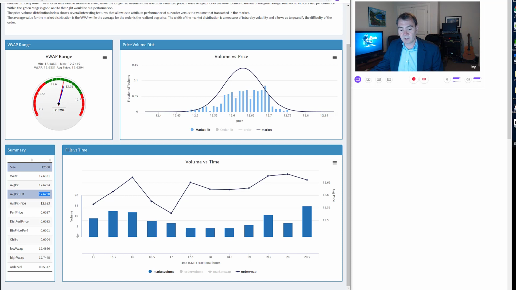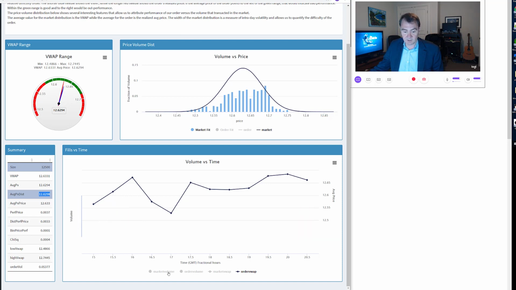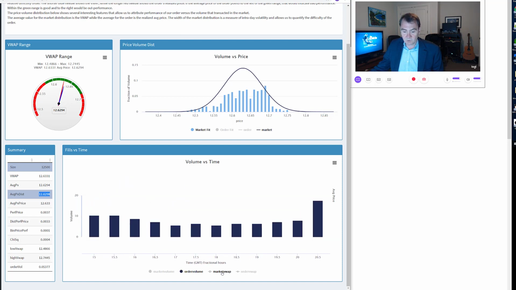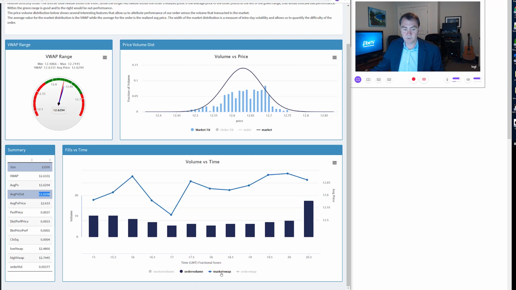Okay, we can come at it another way and say, we like the order volume profile that we got, but what if within each of the bins we match the market VWAP? We can now take the dot product of this, and that's going to give us a value here.